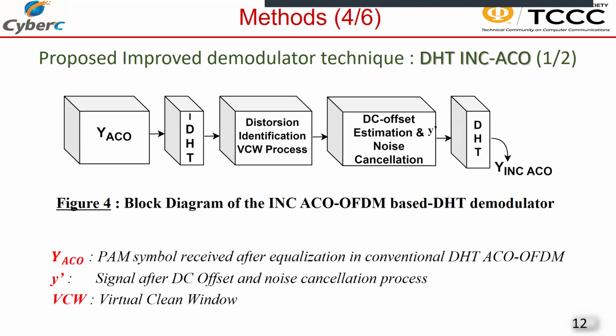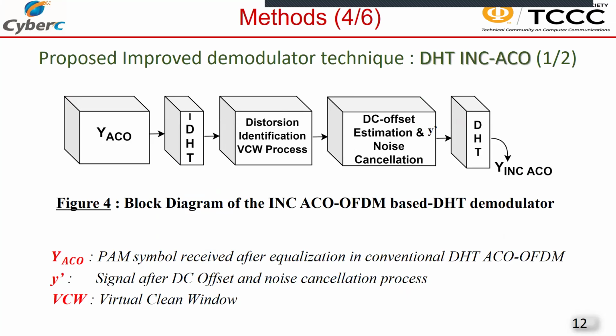The DHT improved noise cancellation ACO technique implements a noise cancellation algorithm after the conventional DHT ACO-OFDM equalization. After this equalization, the symbols are modulated by an inverse DHT block, which leads to a time domain signal.